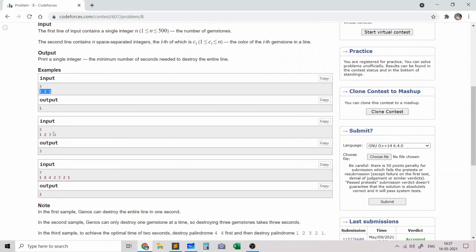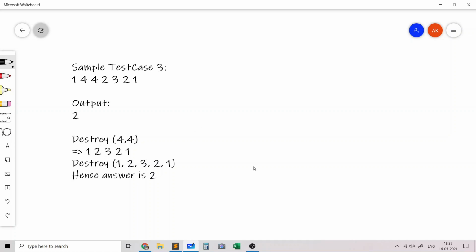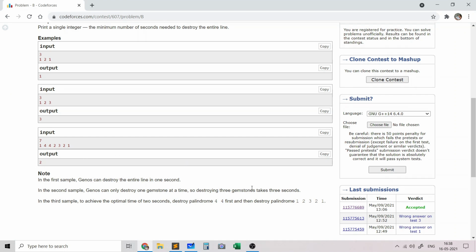In the second test case, there is no substring which is a palindrome, and hence we need 3 seconds to destroy one gemstone at a time. In the third sample test case, we will destroy 4, 4 first, which leaves us with the array 1, 2, 3, 2, 1. Then we would destroy 1, 2, 3, 2, 1 in 1 second because this is a palindrome, and hence the correct output would be 2.